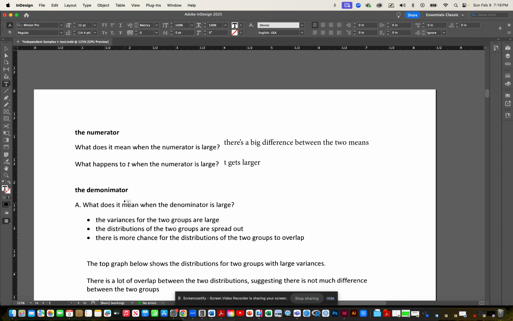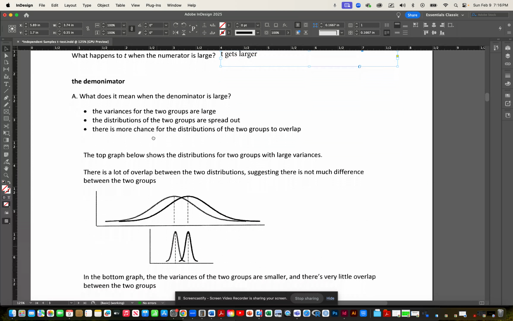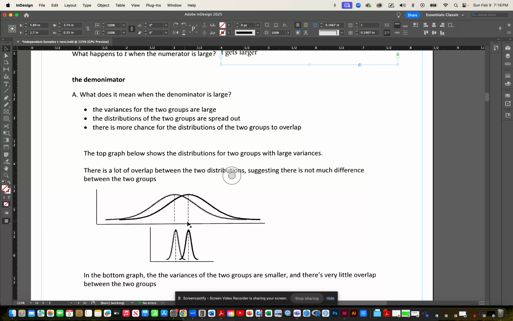Well, let me illustrate. We have two graphs on this page, and the top one shows the distribution for two groups when we have large variances. So group 1 has large variance, so it's really spread out, and the same for the other group.